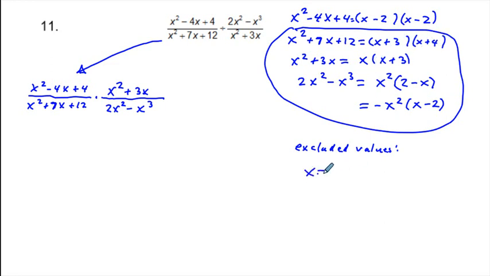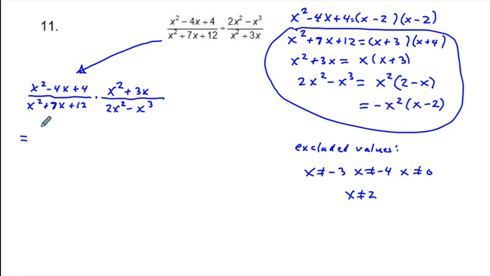So we'll say x cannot equal negative 3, x cannot equal negative 4, x cannot equal 0. Let's see, anything else? Also, we have this x minus 2, so x also cannot equal 2. I think that covers everything. So let's do our rewriting here.